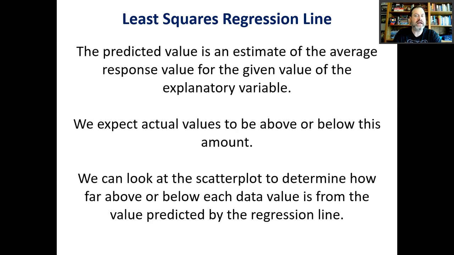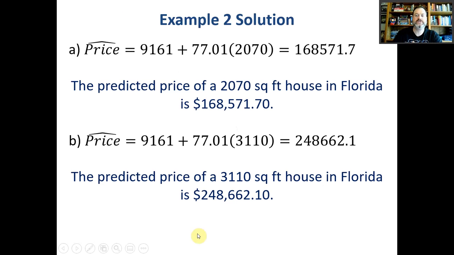So the predicted value is an estimate of the average response value for the given value of the explanatory variable, right? We just talked about that. That hat symbol means this is what we expect to happen. So if you have a 2,070 square foot house, you expect it to be a certain dollar amount. But not every house that's 2,070 square feet costs exactly this much.